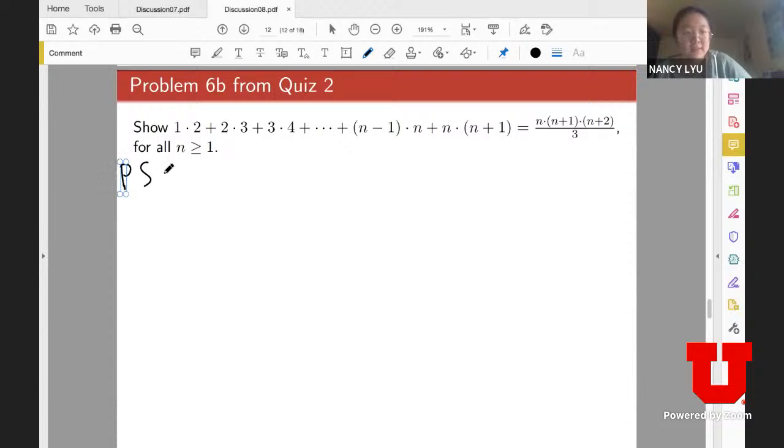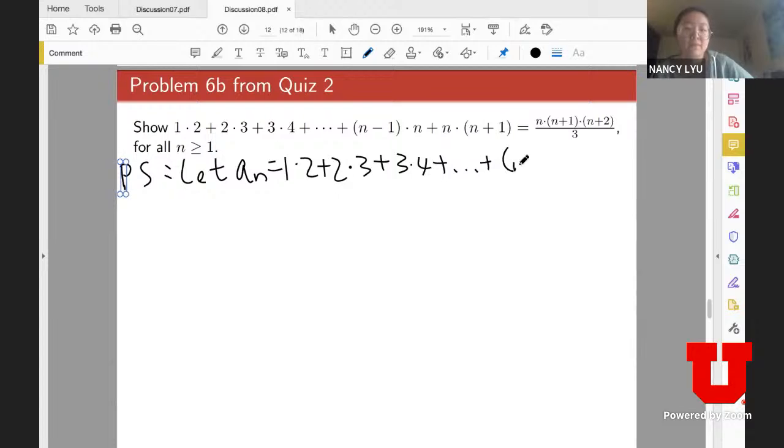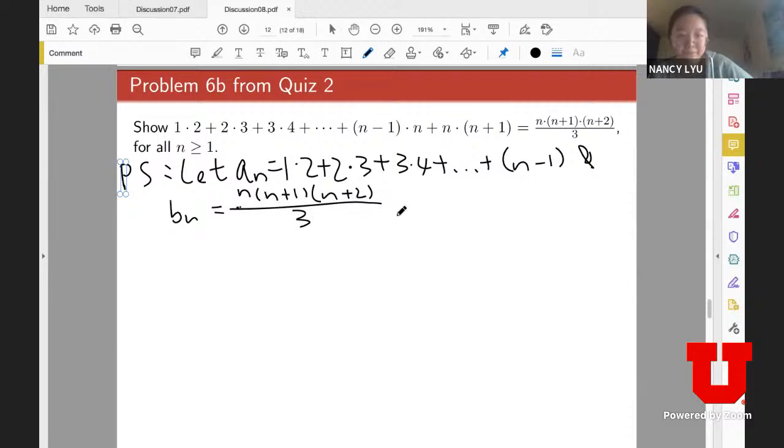The first one is the problem statement. To make it easier to use, I want to let the left-hand side be A_n and the right-hand side be B_n.